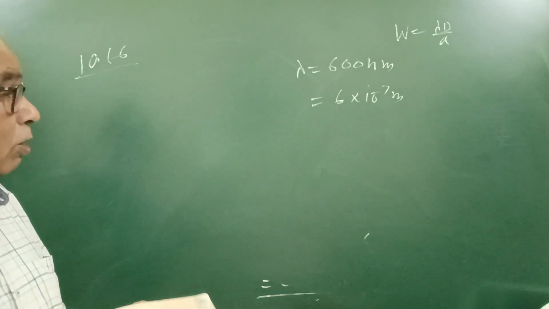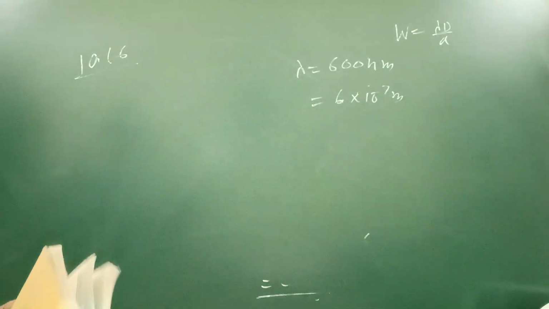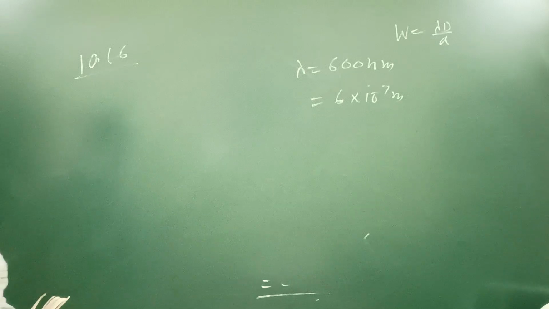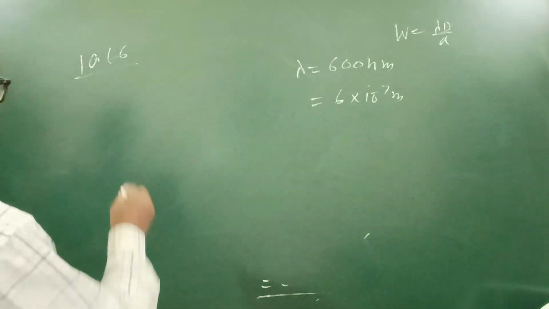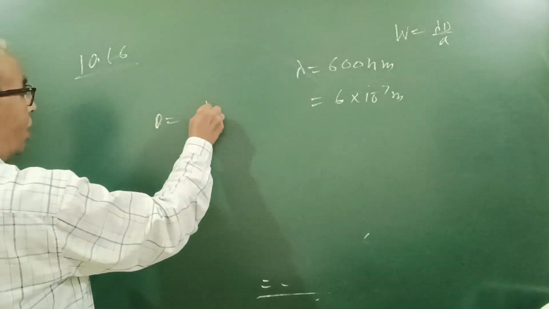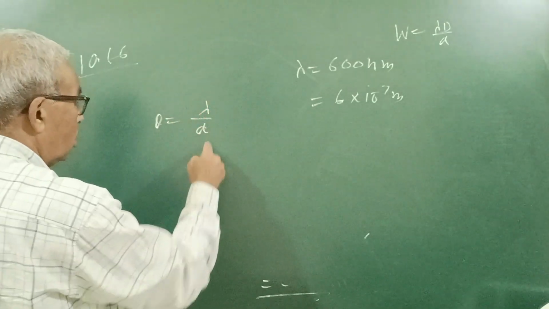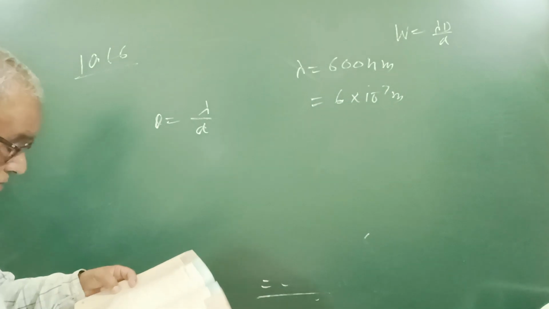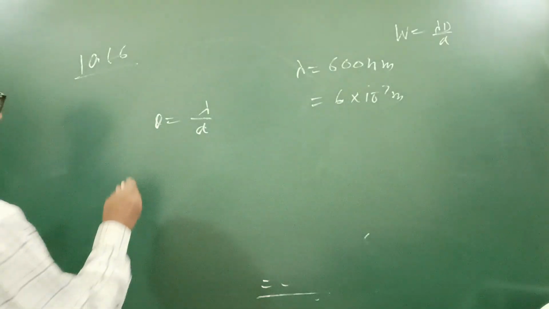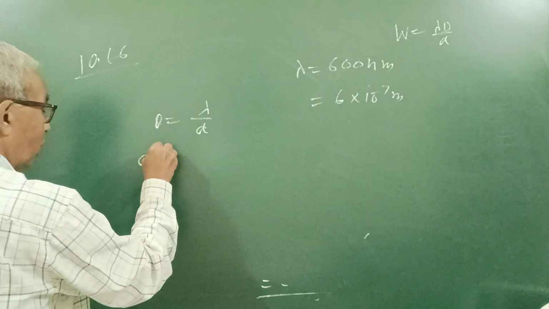What is the spacing between two slits? So theta equal to lambda by d. This is given. But theta here is 0.1 degree.